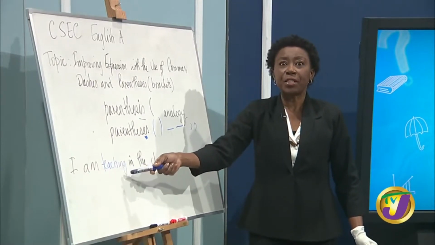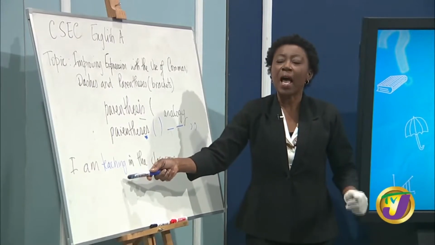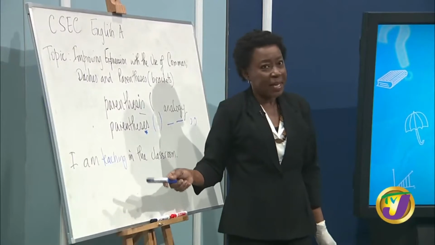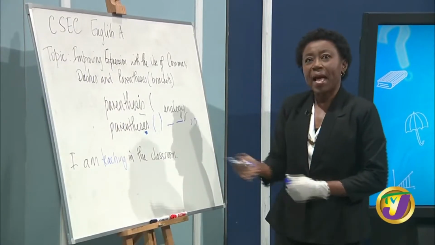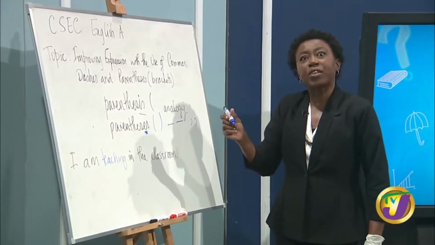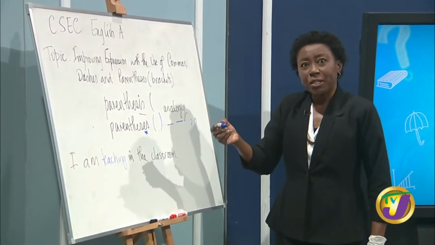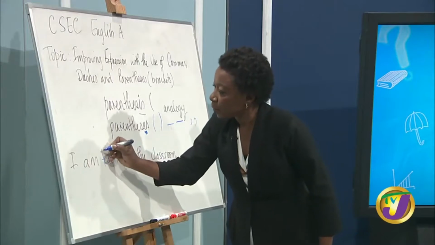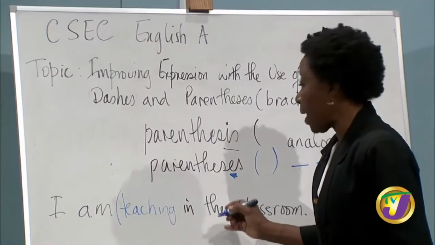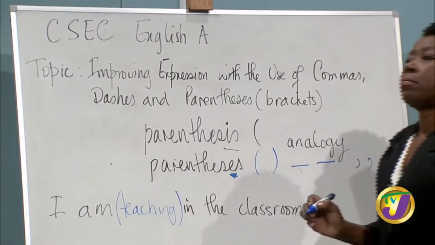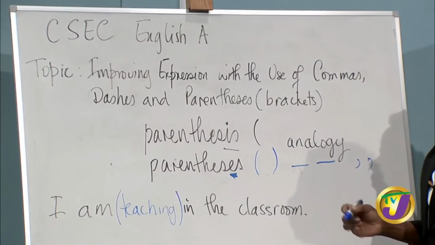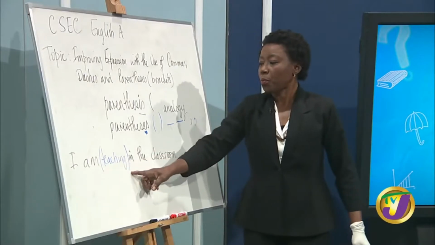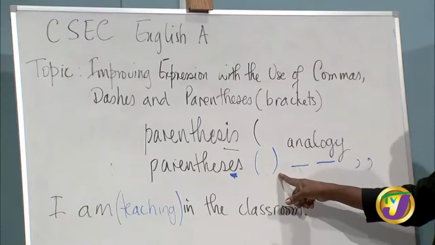I have inserted a parenthesis, an additional thought inside of the sentence. So then I am required to mark it off with certain marks. So then I put this mark and this mark. Okay then, these two marks are called parentheses.